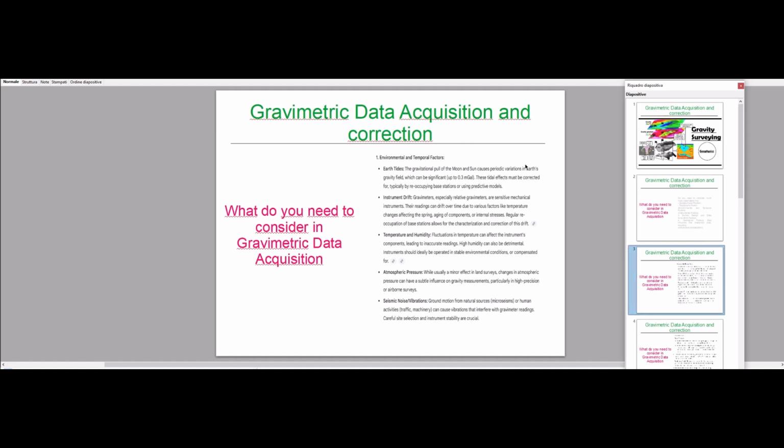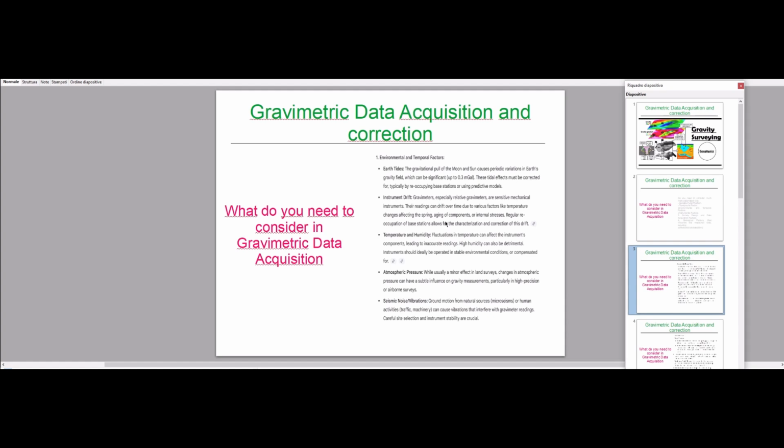So when we are talking about the environment and temporal factors, we have to consider the Earth tides. The gravitational pull of the Moon and Sun can cause, in some periods of the year, variation of the gravity field, which can be around plus or minus 0.3 milligal. These tidal effects must be corrected, typically by reoccupying a base station or using predictive methods.